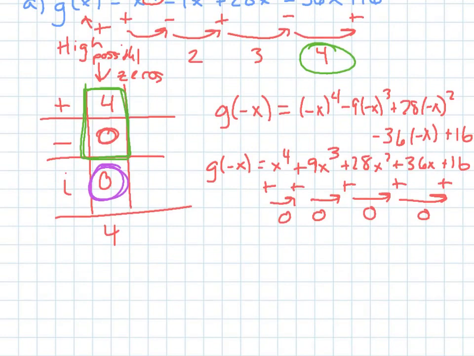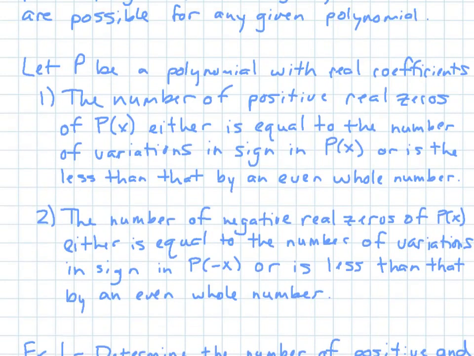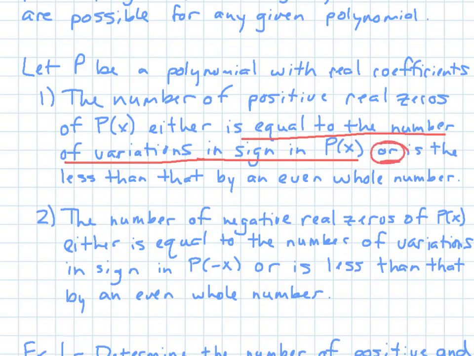Okay? Now, it also said in Descartes' rule of signs that the number of positive real zeros is at most equal to the number of variations in sign for p of x, which we got for 4, or is less than that by an even whole number.